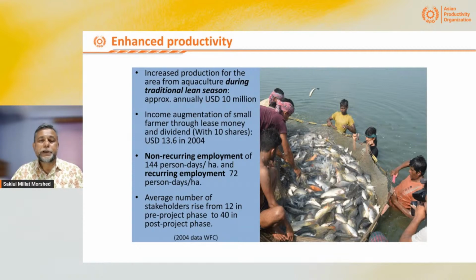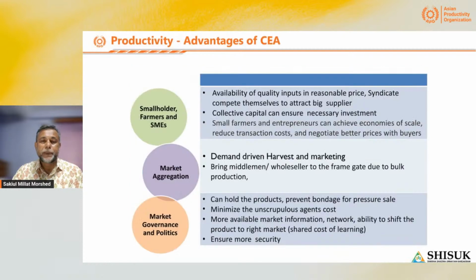And non-recurring employment opportunity has been created, like 144% per day per hectare, and recurring employment has increased by 72% per day per hectare. The average number of stakeholders rose from 12 in the pre-project phase to 40 in the post-project phase.